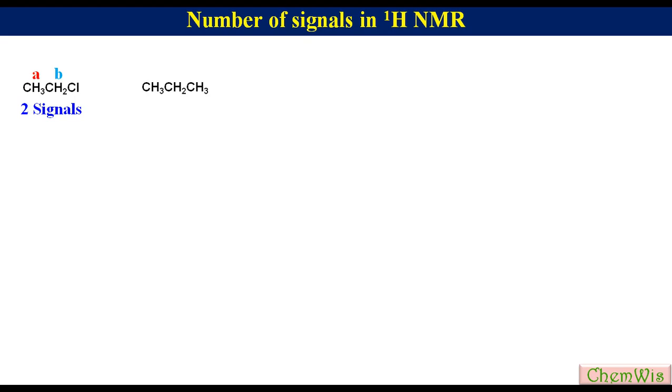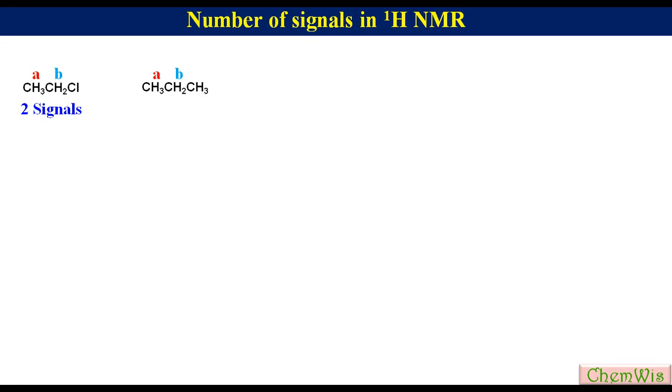Propane. In this, there are 2 CH3 groups and 1 CH2 group. First, label the protons which are clearly different. So, if this CH3 is A, CH2 will be B. Now, compare if both the CH3 groups are same or different.